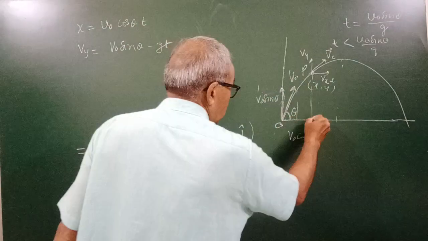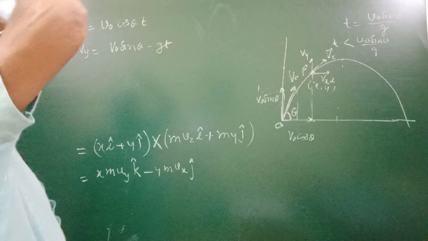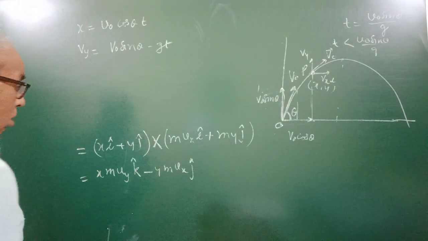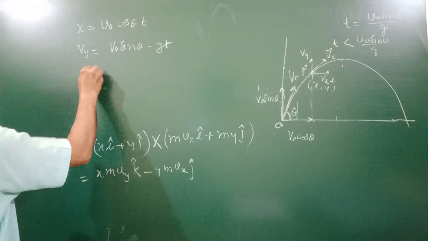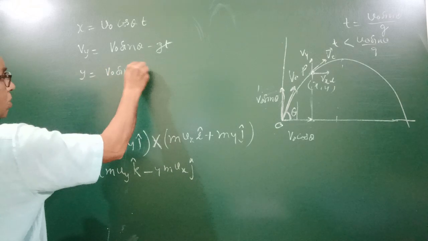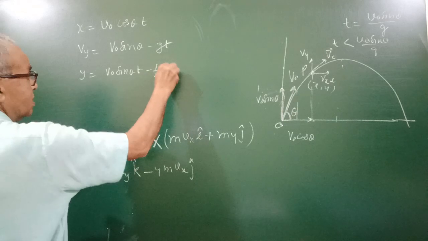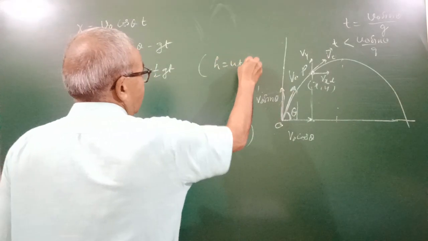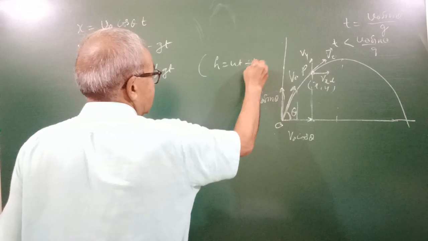The horizontal component does not change. Remember this projectile motion. And y will be v0 sin theta t minus half g t square. Really, I have written the equation as ut minus half g t square.